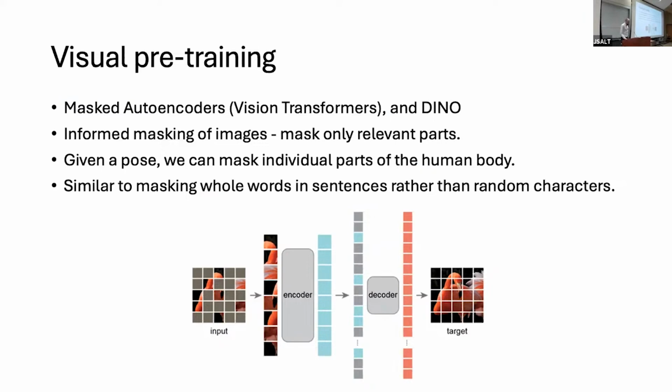This is the masked autoencoder, so Florian was talking about it. But I just want to highlight one thing which is different from standard masking in NLP, let's say, which uses only the encoder architecture. Here you do something different.